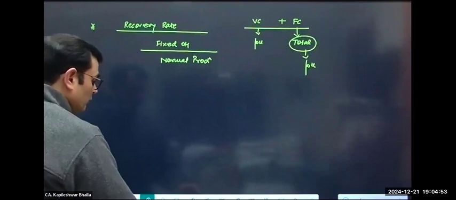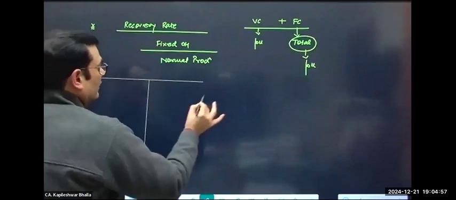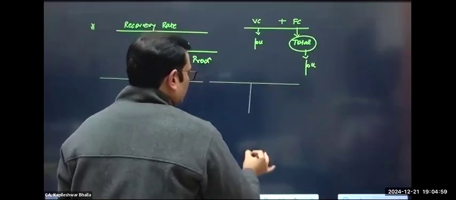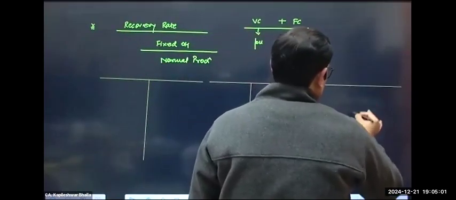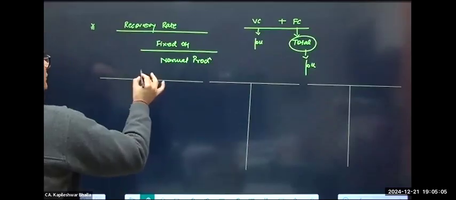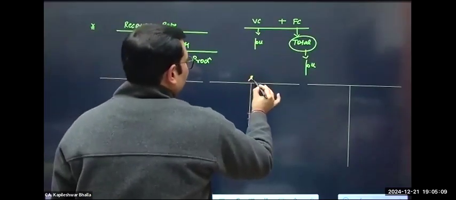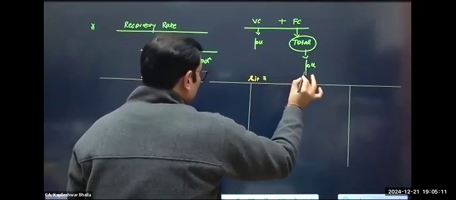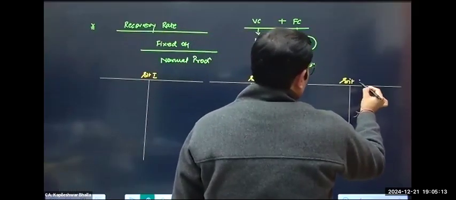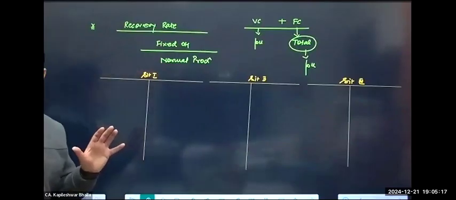Now with these inputs, let's visualize a profit and loss account under three situations. I'm making a T-shaped P&L and I want to look at three different situations.